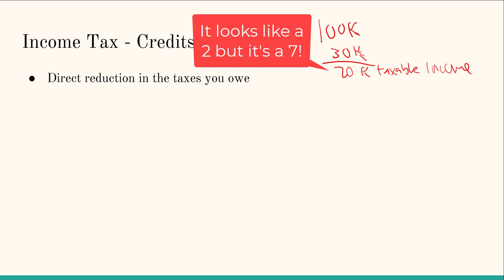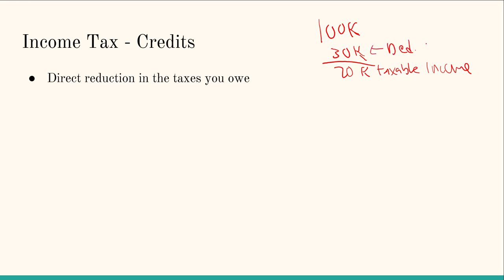So this 30K, these are deductions and adjustments. You're still going to pay tax on this 70K. And let's say, just for making the math simple, you're paying 20% tax. So that's 14,000. This is your tax liability.